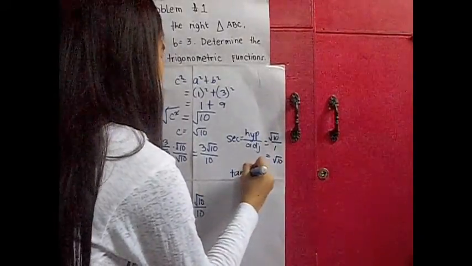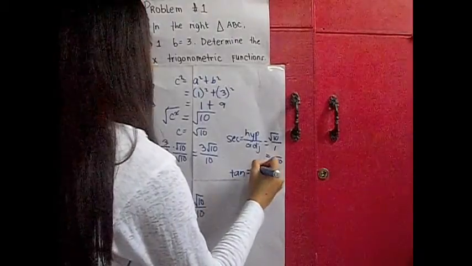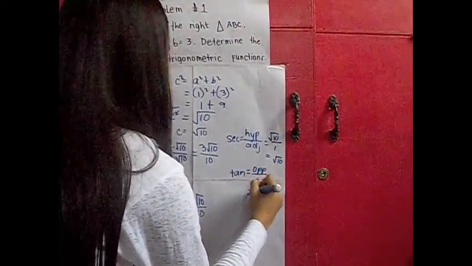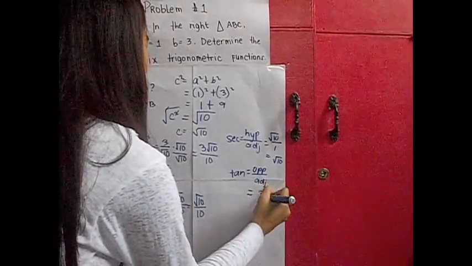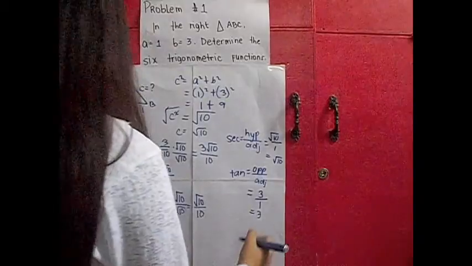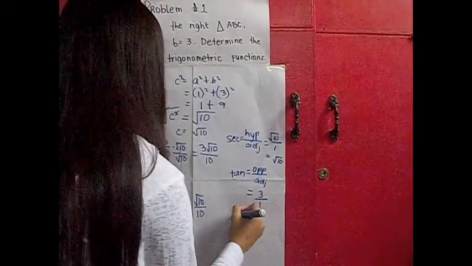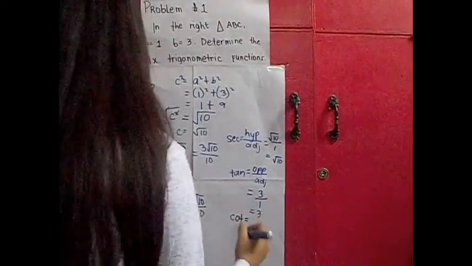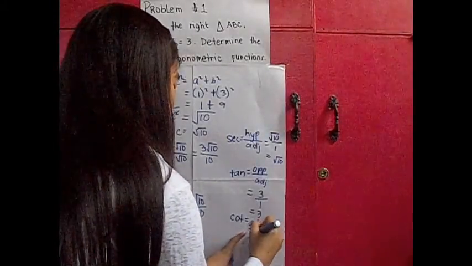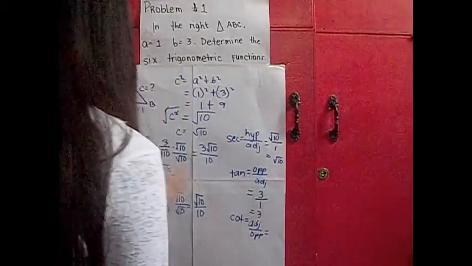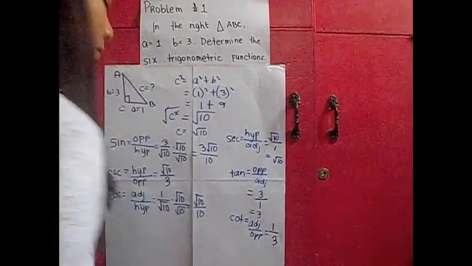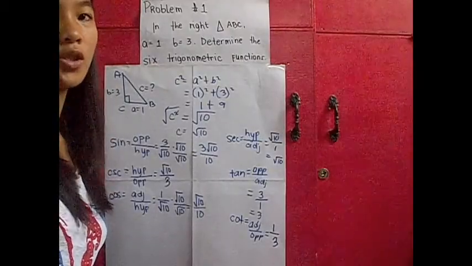The tangent is equal to opposite over adjacent, which is 3 over 1, or simply 3. The cotangent is equal to the adjacent over opposite, which is 1 over 3. And those are the six trigonometric functions.